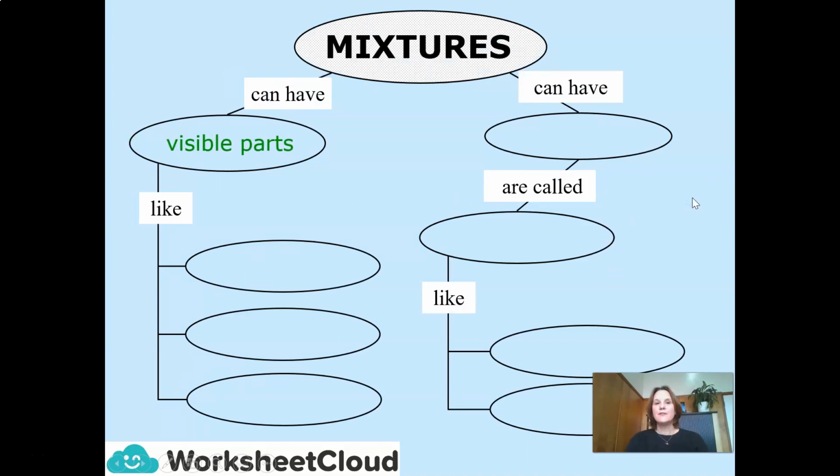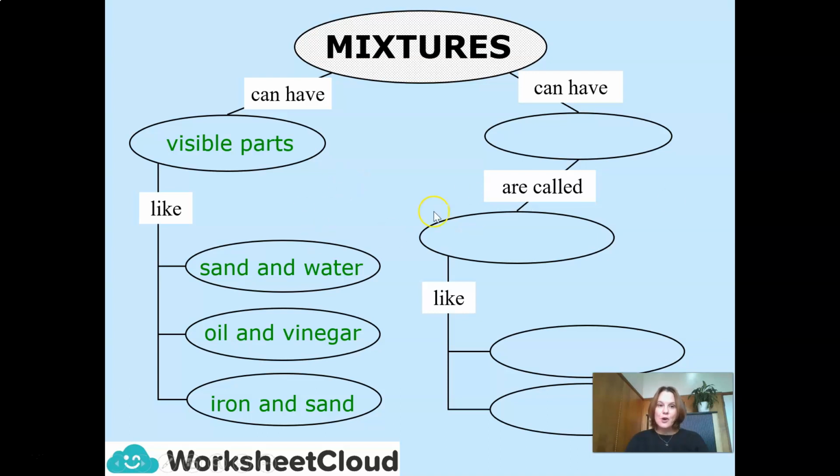Mixtures can have visible parts we can see, like sand and water, oil and vinegar, iron and sand. Those are all distinctive components of a mixture where we can see the sand and we can see the water. Mixtures can also have no visible parts, and they are called solutions.